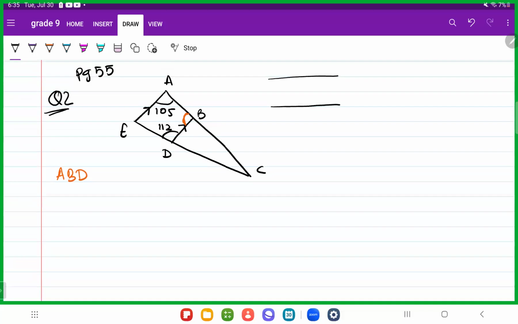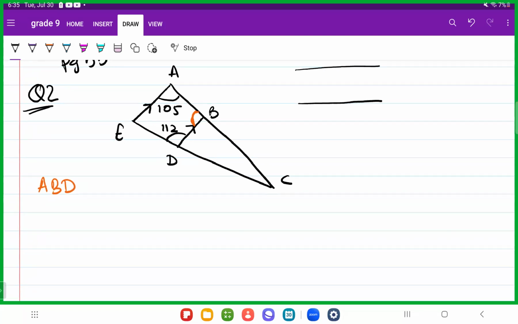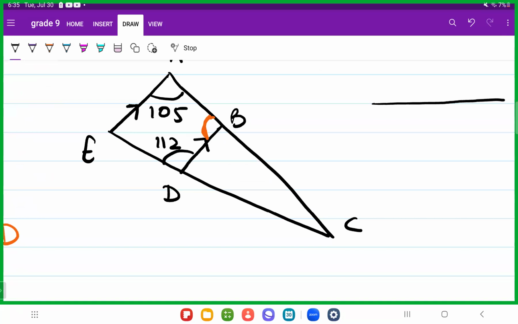So now we will be doing this question. Can you first identify the two parallel lines? These are the ones with the parallel line arrows.